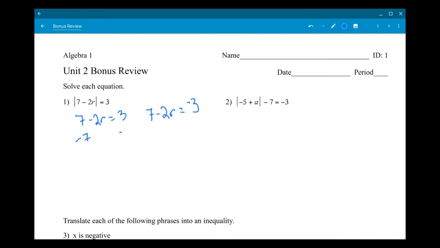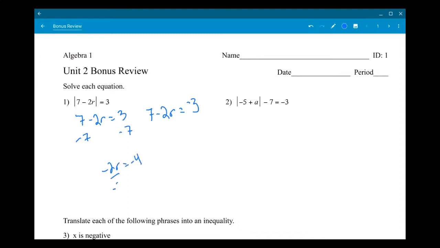This is one of our big things on this test: you want to make sure that you have two solutions. So I'm individually solving both of these. Let me try that again. I got -2r equals -4.